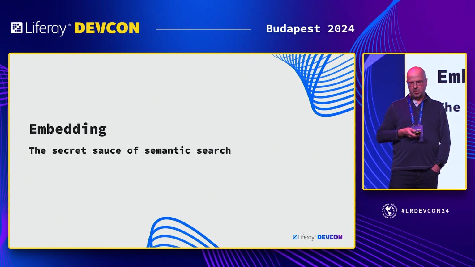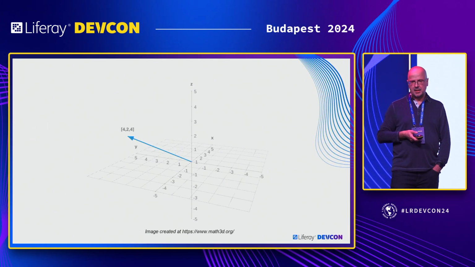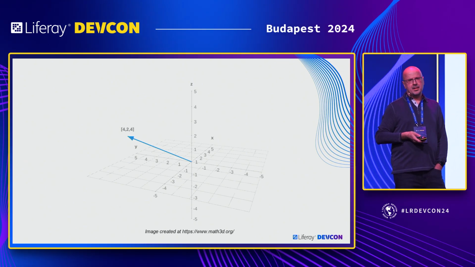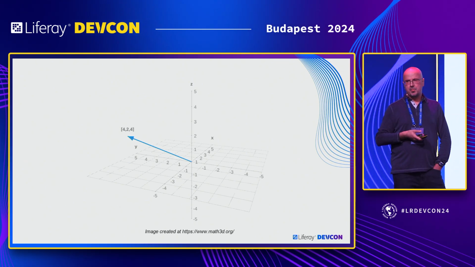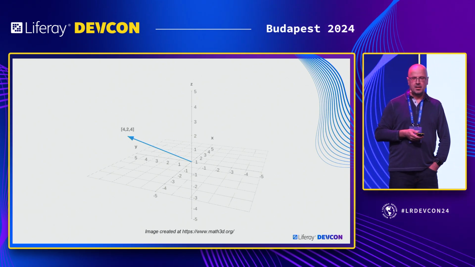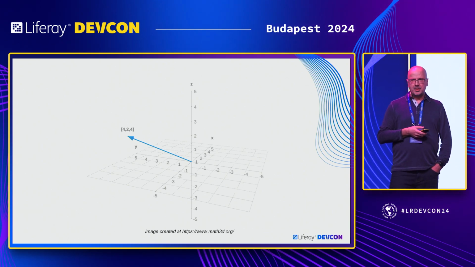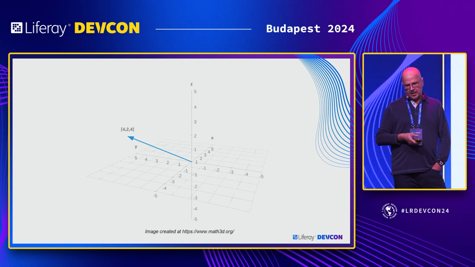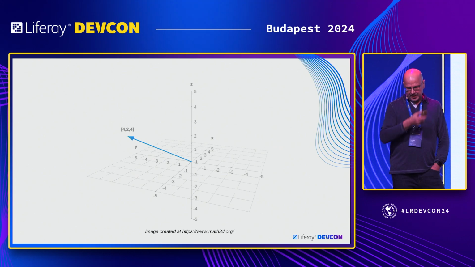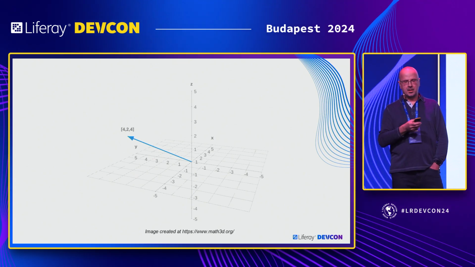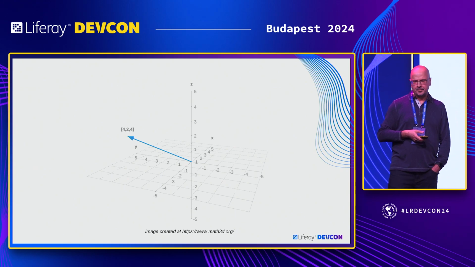Let's take a look at what an embedding is about. Vectors in data science help represent objects in ways that let us measure how close or related they are. And semantic search takes advantage of exactly this. It creates vector representations of assets so we can measure how similar they are to our keywords.